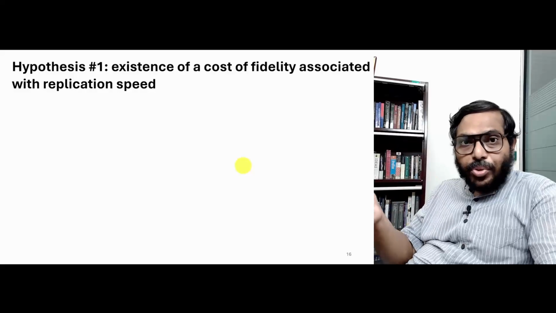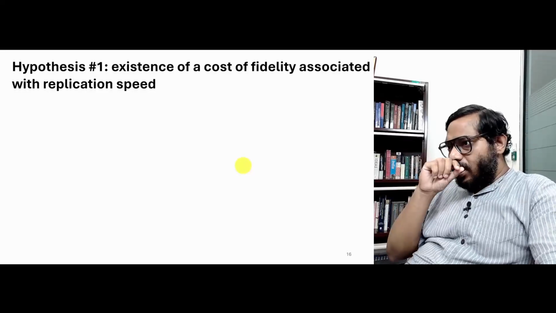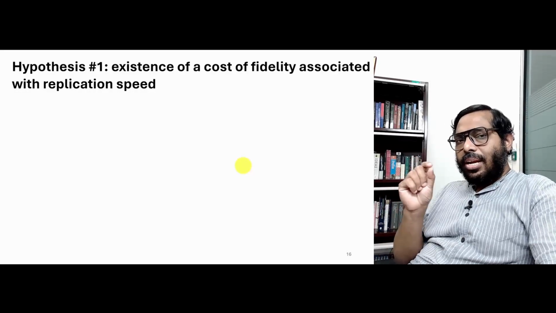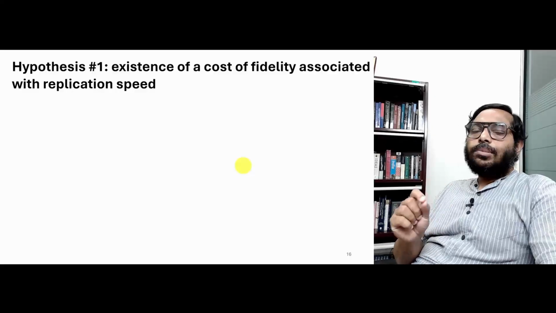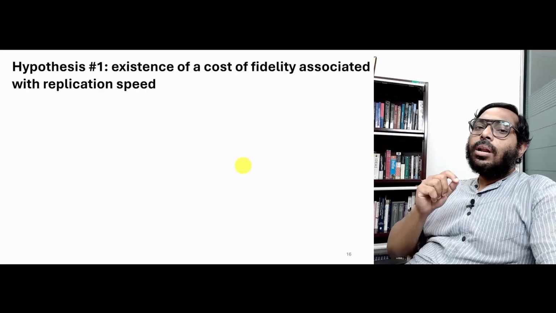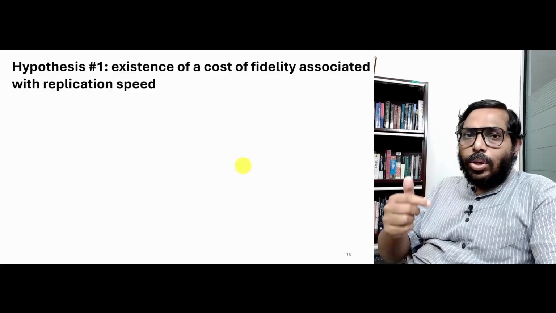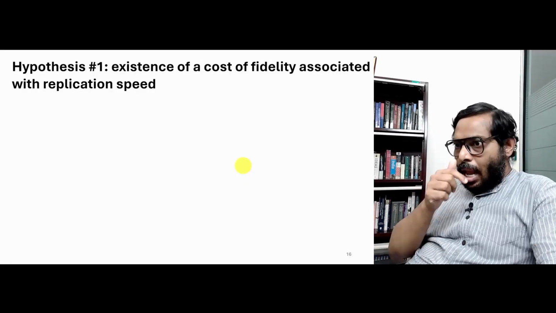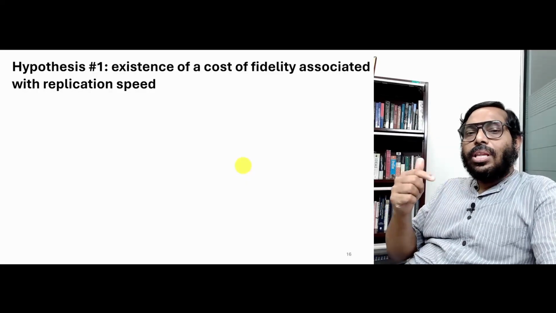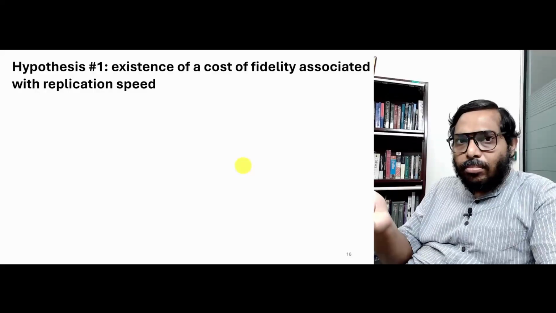Now, what is the problem with this logic? The problem is that if this were indeed correct, then you expect that all those who are replicating very fast are the ones who will be paying the cost in terms of speed, and therefore they are the ones who will have the maximum mutation rate.